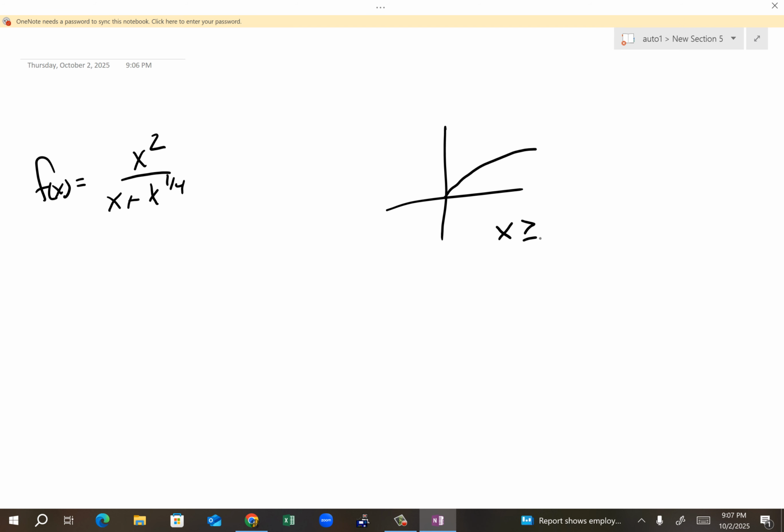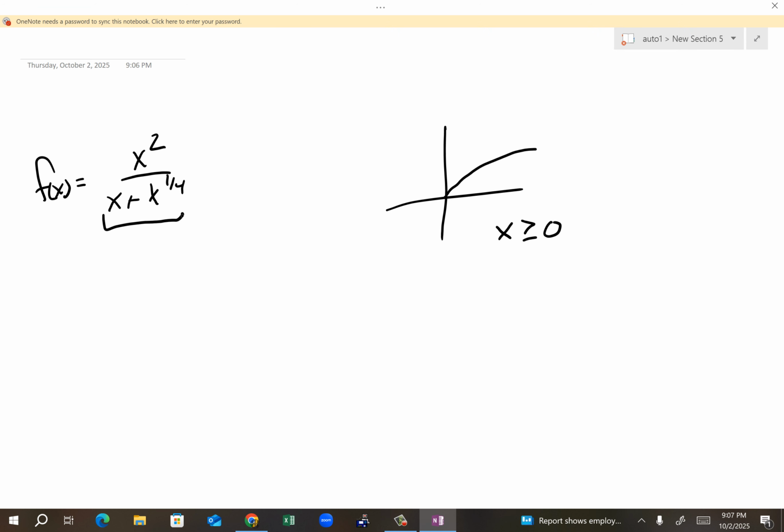This one here might be fun. x squared over x plus x to the 1/4. Okay, so I see a division, a rational function, right? The top is continuous. The bottom is continuous everywhere, yes? Because x is continuous everywhere. And if you recall, that looks like that. So as long as x is bigger than or equal to 0, the bottom guy is continuous, yes?